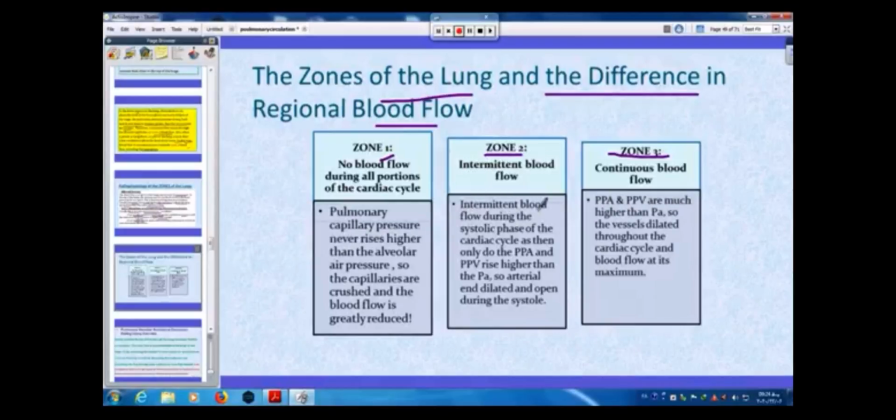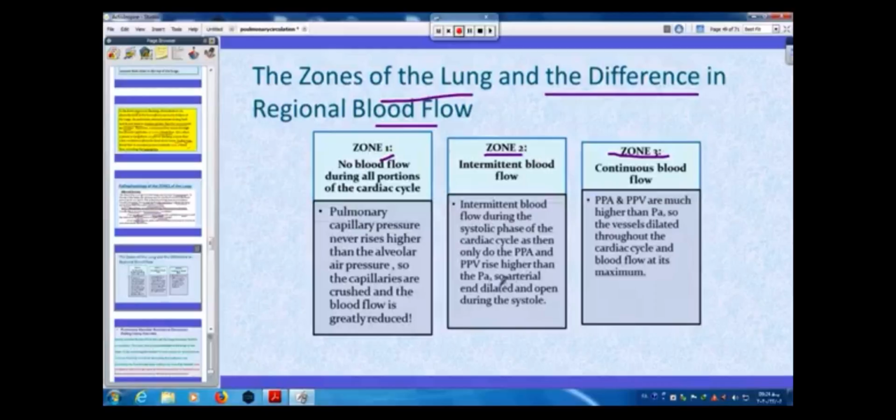Intermittent blood flow during the systolic phase of the cardiac cycle, as only then does the pressure rise higher than the pressure in the alveoli. Okay, and pressure in the artery and pressure in the vein rise higher than the pressure in the alveoli.